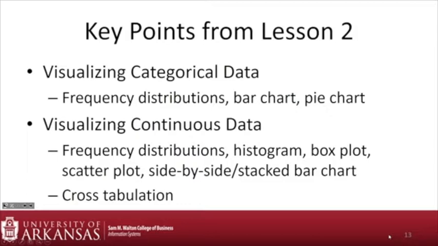Questions could be as simple as, given a scatter plot, identify what's on the x-axis and what's on the y-axis. Which two variables does this scatter plot talk about? It could be interpret a scatter plot. What is the relationship between these two variables?